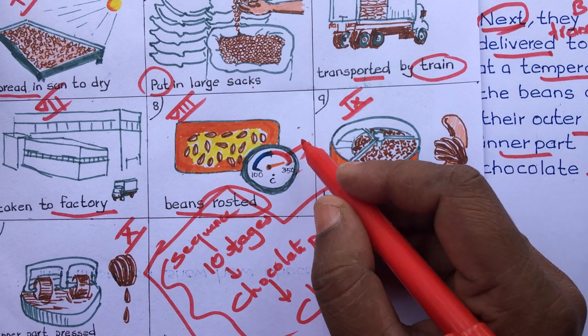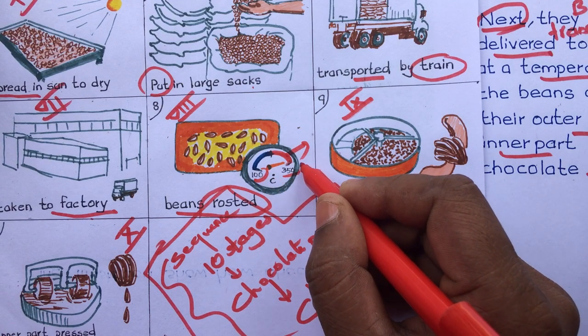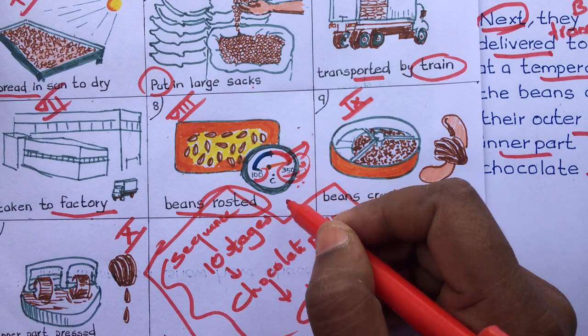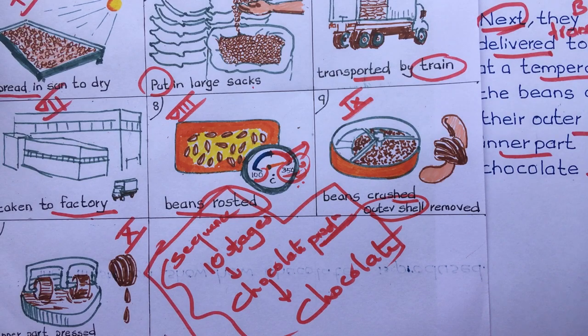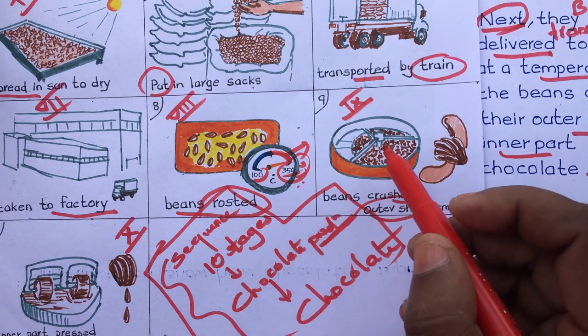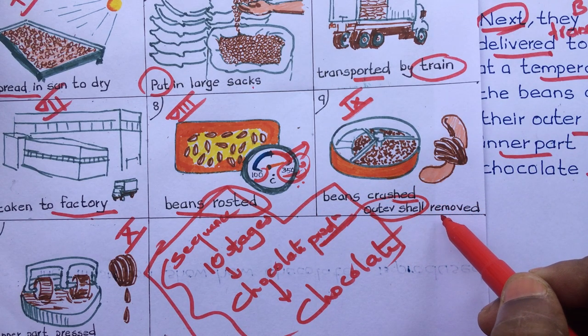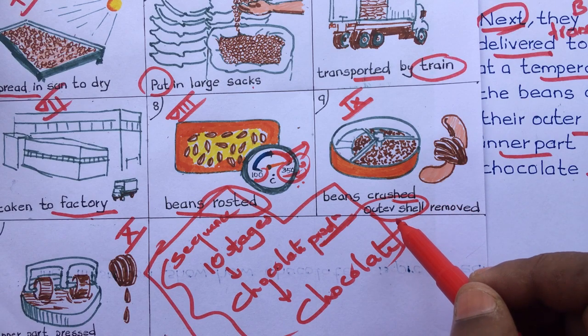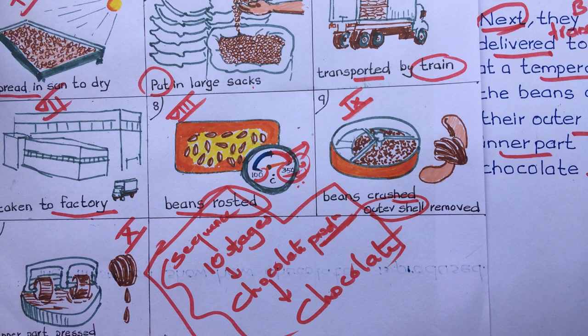You have to mention it, because they have given the temperature, so you have to mention 350 degrees. After which the beans are crushed and the outer shell is removed. And in the final stage, the inner part that is left is pressed and the chocolate is produced.